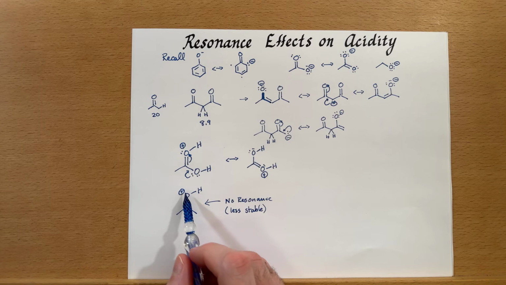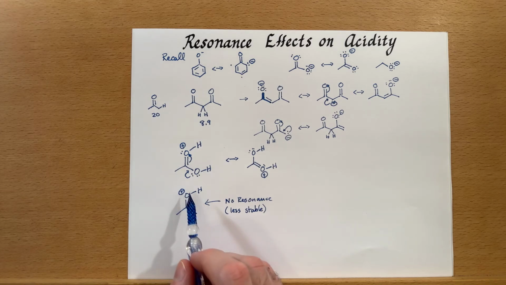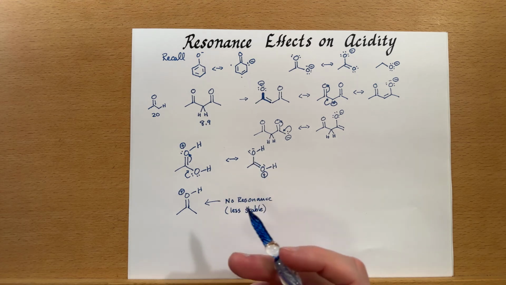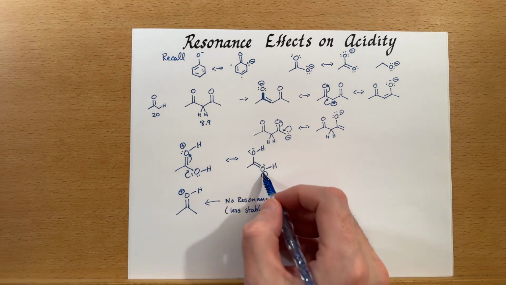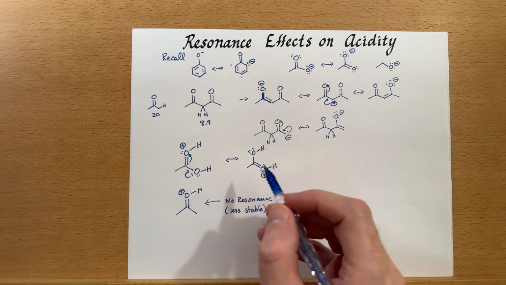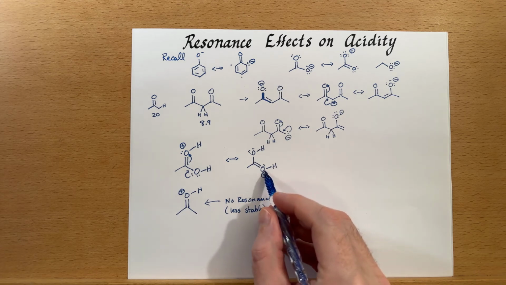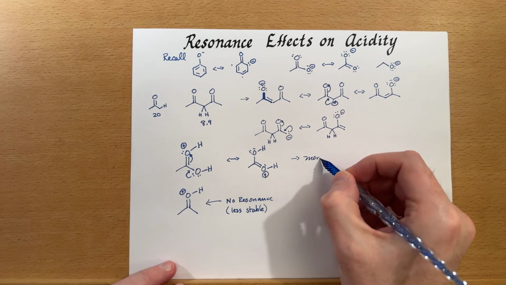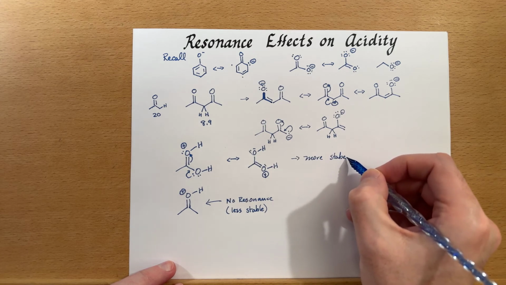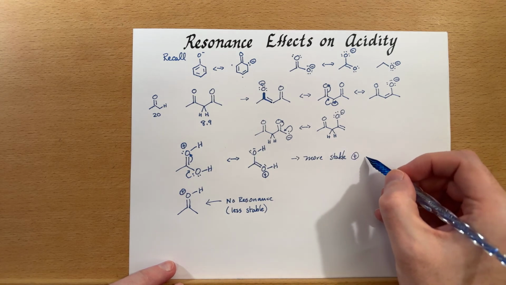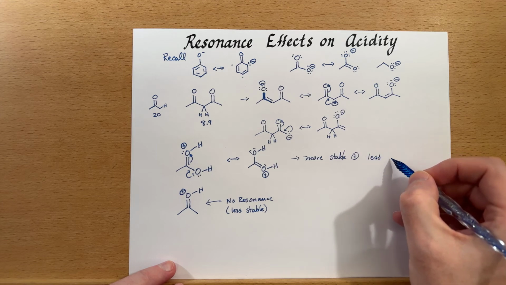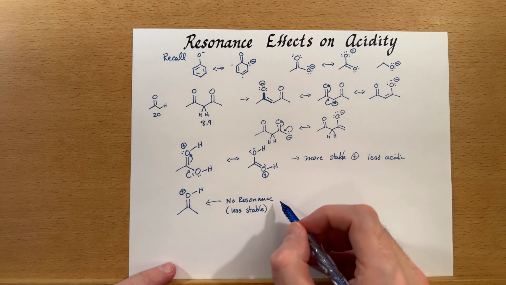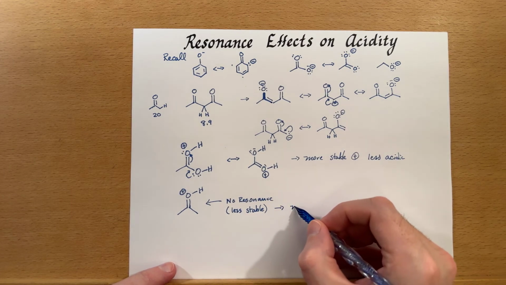Simply because we've concentrated that positive charge on just one oxygen, whereas here we can share it between the 2. Since this is shared, it's more stable. That makes this less acidic. This is less stable, so it's more acidic.